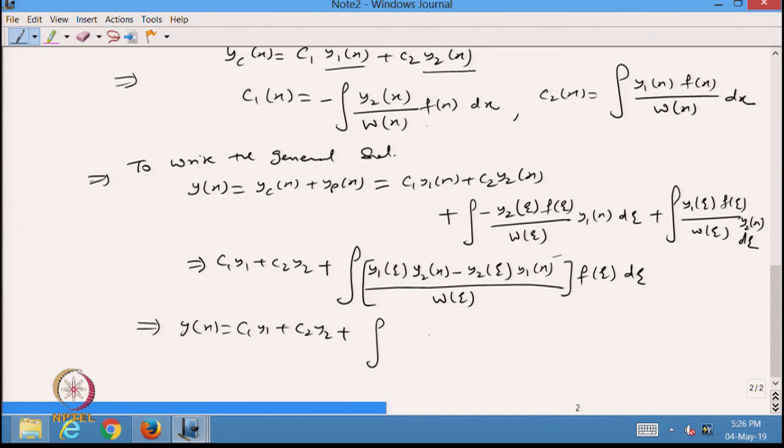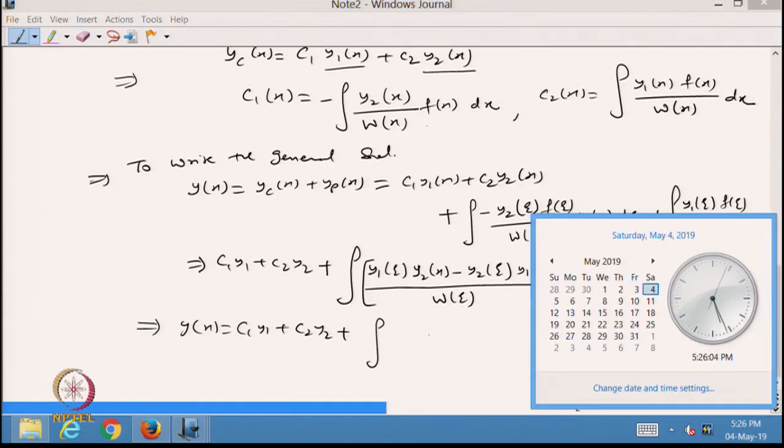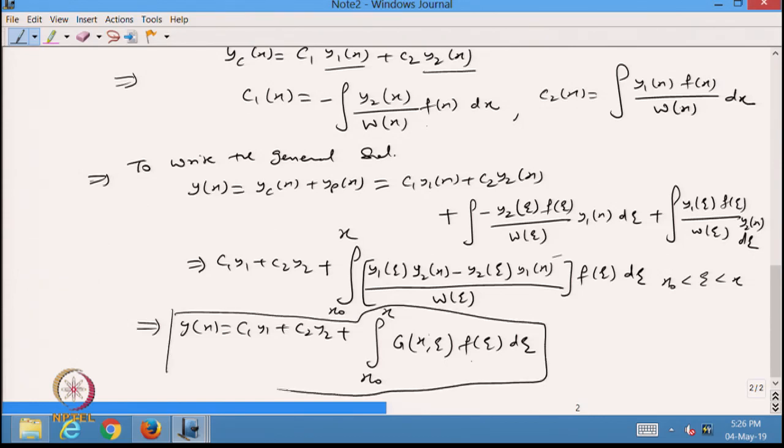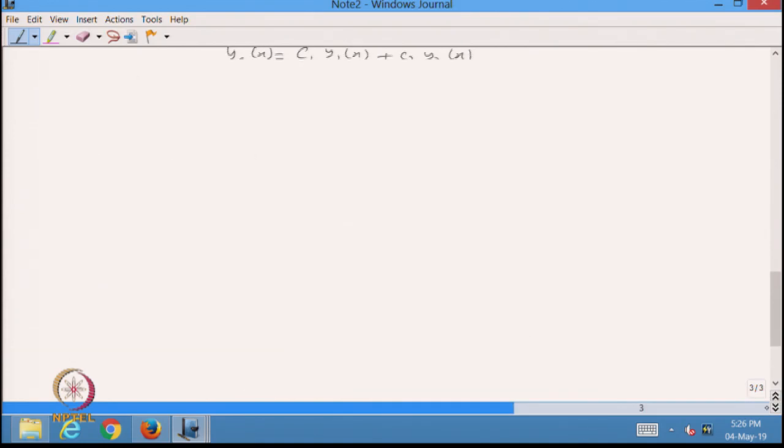Here xi belongs to the interval, so I can take this integral between x naught and x. I can write this as the integral from x naught to x of my Green function G(x, xi) f(xi) d xi. So this is my general solution for equation number 1.